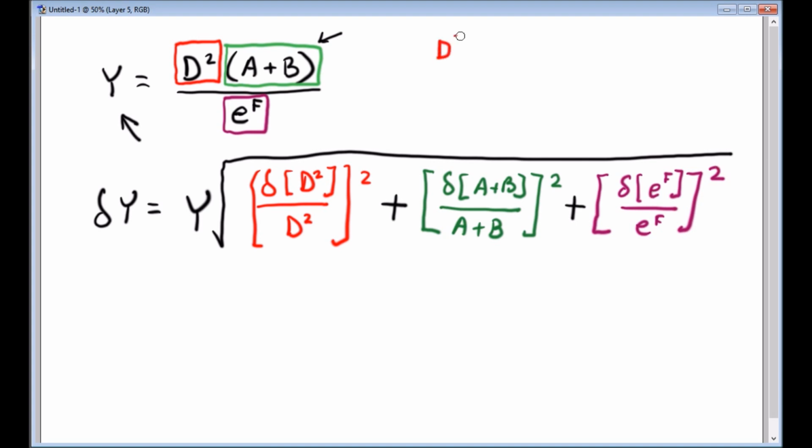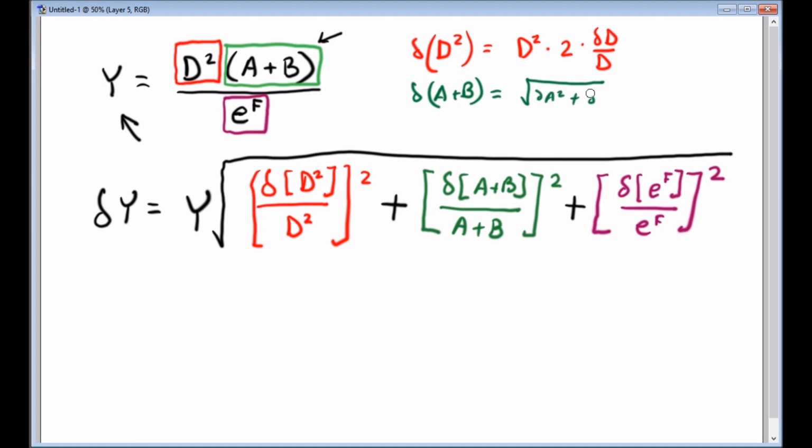If your expression is d squared, then the uncertainty for that uses the roots and powers rule, and that would just give me final answer times the exponent times the fractional uncertainty. And if my expression is a plus b, then the uncertainty of that, according to the addition-subtraction rule, would be square root, and then the absolute uncertainty of a squared and the absolute uncertainty of b squared.